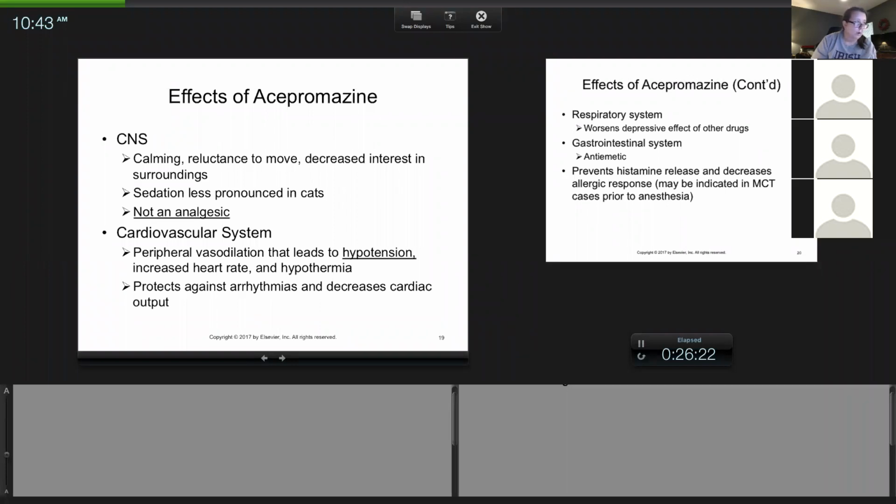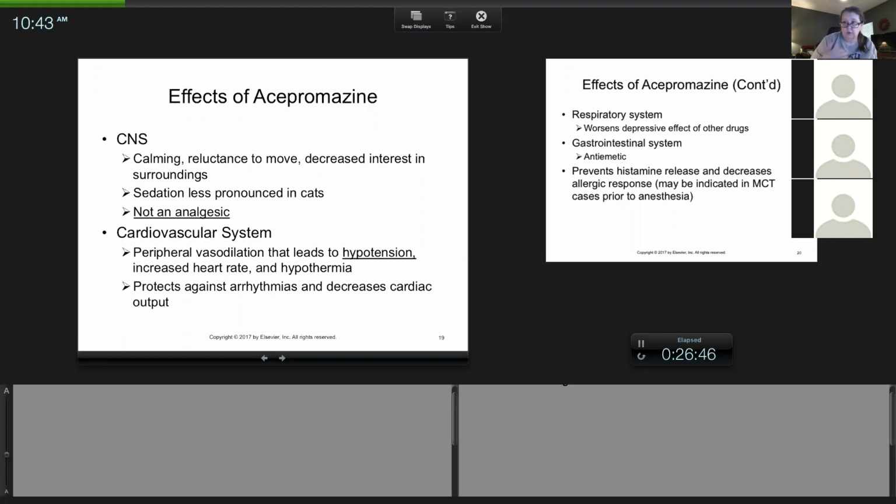Now remember, anytime you have low blood pressure, you can see an increase in heart rate because the natural reflex to hypotension is for the heart to beat faster. You just made the pipes bigger. Remember I said the heart wants to fill the pipes, okay? When you make the pipes this big, the heart's like, oh, I've got to fill them up. They're bigger now.